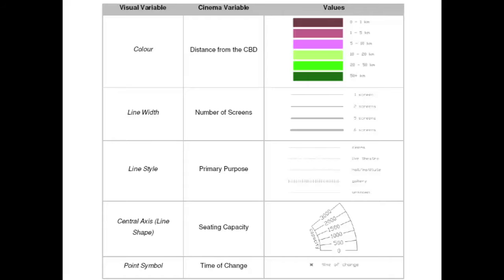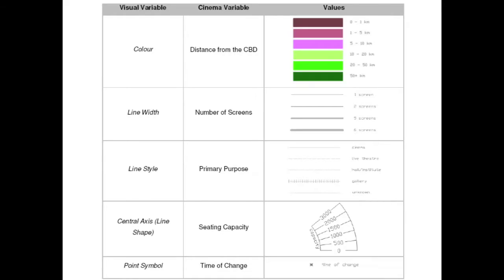So each point, basically each venue, is now a line, which is a little bit crazy. But I found a line because a line can have a length, therefore it can have a temporal span. That length is now the lifetime of the cinema venue. With the line you can also have colour, so you can give an attribute to that colour.